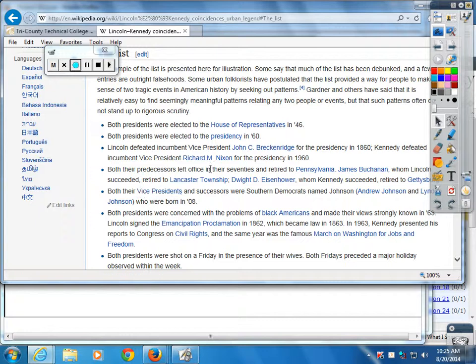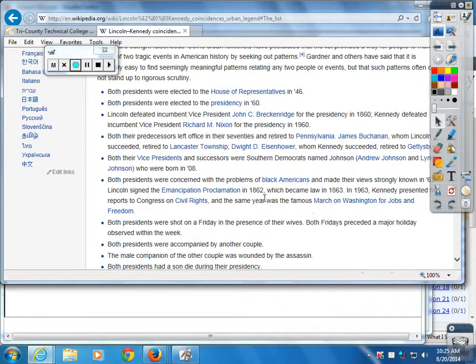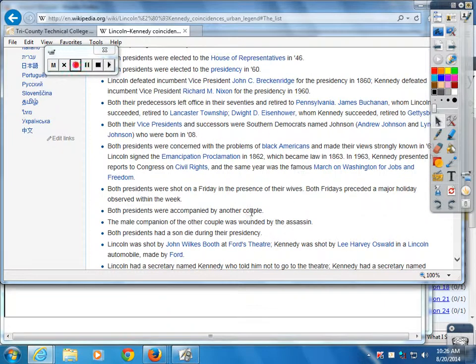Both their predecessors, blah, blah, blah. Both presidents were concerned with the problems of black Americans. Both presidents were shot on Friday in the presence of their wives. Both Fridays preceded a major holiday. Both presidents were accompanied by another couple. The male companion of the other couple was wounded by the assassin.